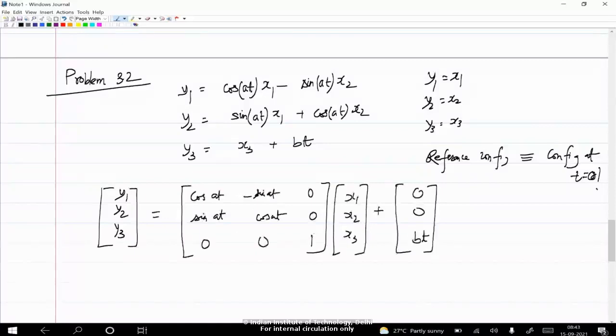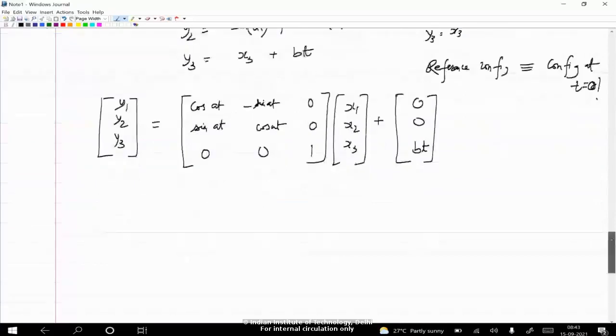So the first part, you see what is happening in the first part. This matrix is also the matrix of rotation about E3.